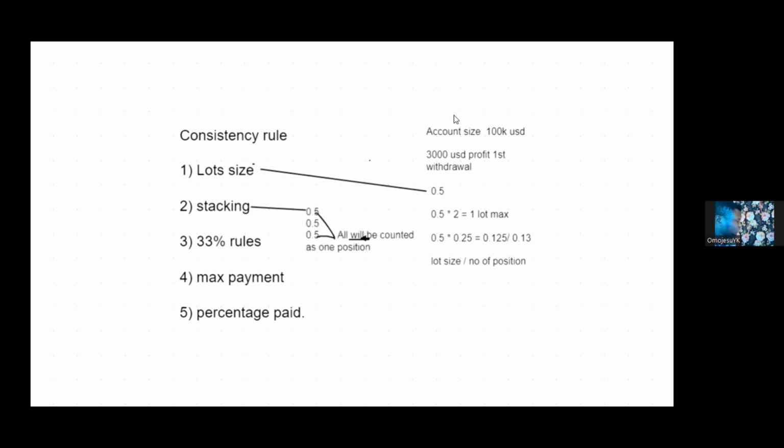Take note of this: 0.5, 0.5, 0.5, without spacing it, all will be counted as one position.